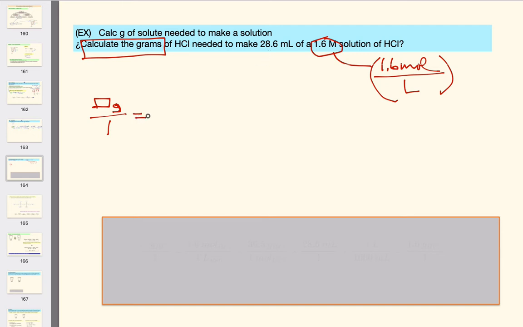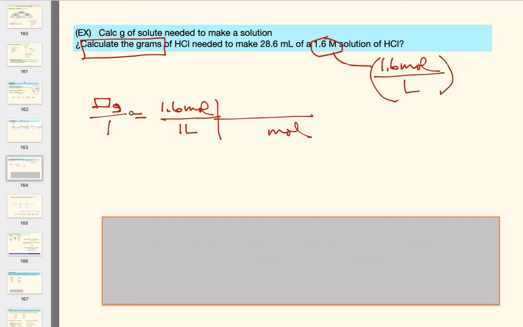Just using dimensional analysis and going fishing, as it were, I know that moles can be converted into grams. So I'm going to start out by putting the 1.6 moles per 1 liter. And now I know I can convert moles.